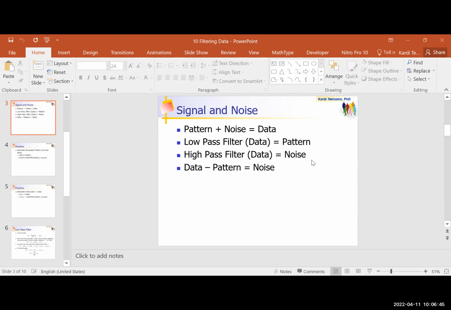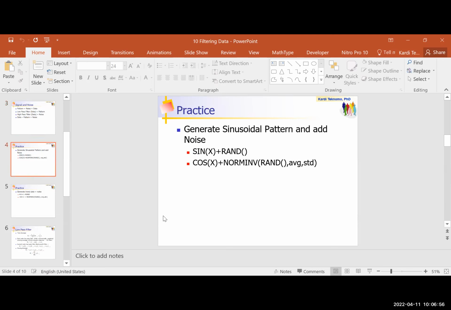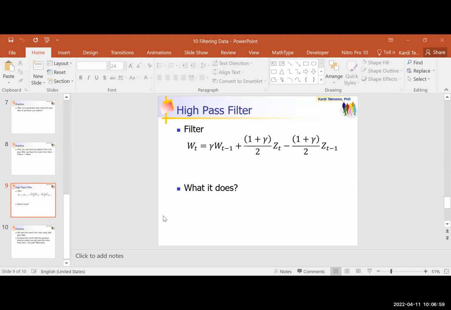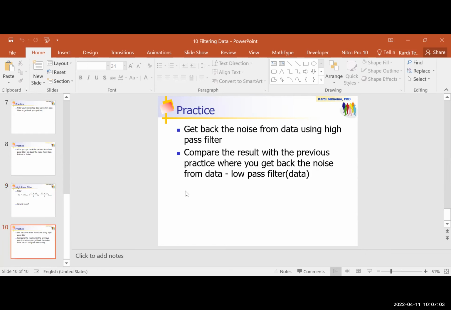If you want to get the pattern, data minus noise equals pattern. So once you create the high pass filter, then you get the noise, and then you can get the pattern by data minus the noise.